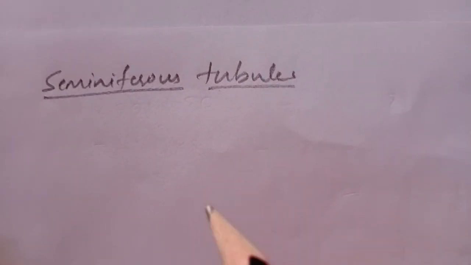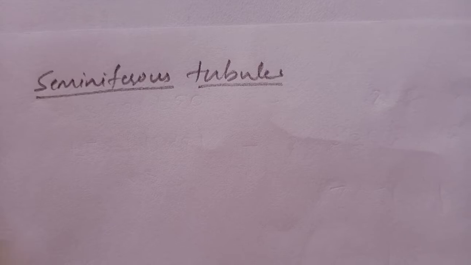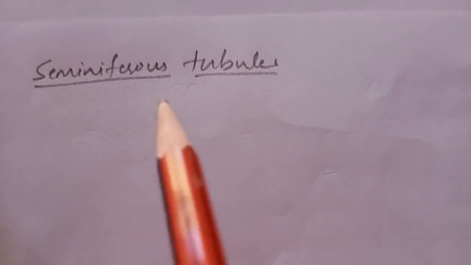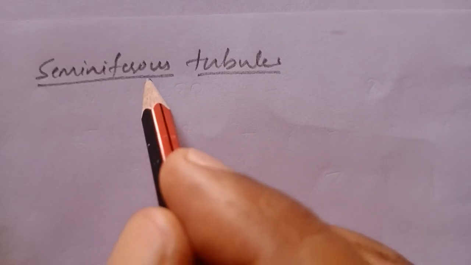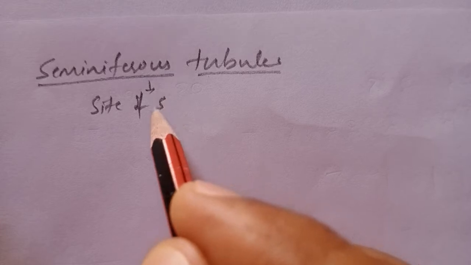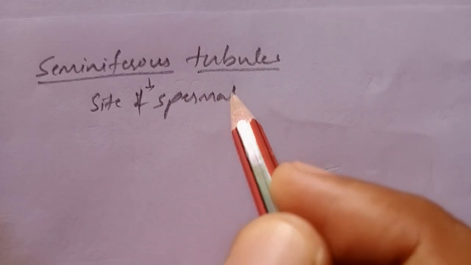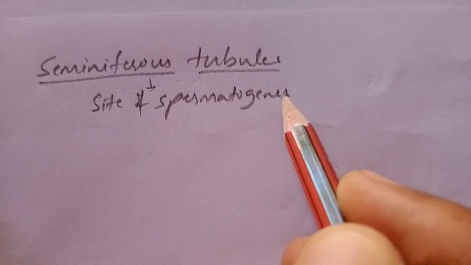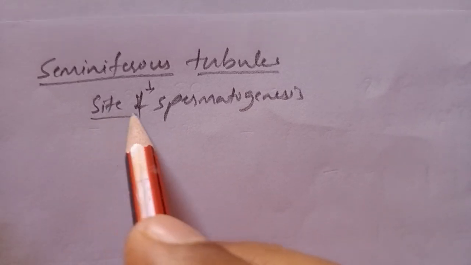As we already discussed in the theory discussion, these are the site of spermatogenesis. Seminiferous tubules are the site of spermatogenesis, since the sperms are produced in these tubules only, right?